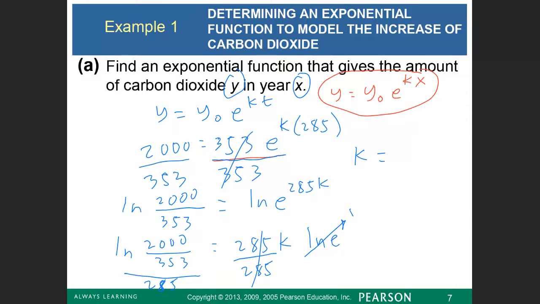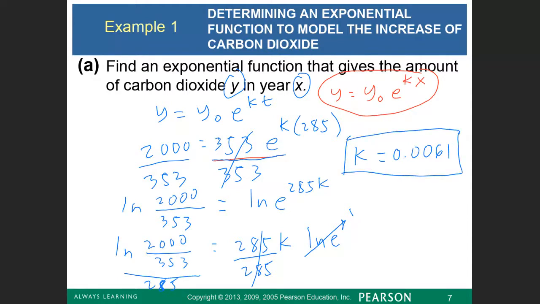And then our answer is k is equal to 0.006. So that would be our k. And if you want to round that to the nearest 4 decimal places, that would be 0.0061. So let's just have 4 decimal places, and that's our k there.